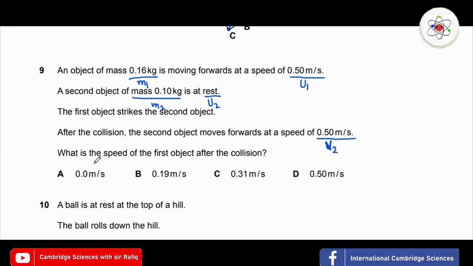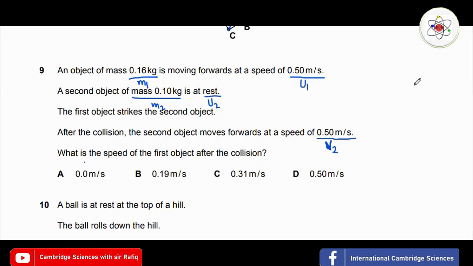What is the speed of the first object after the collision? All right, so it is very easy, because the law of conservation of momentum is applied for the system containing two objects.